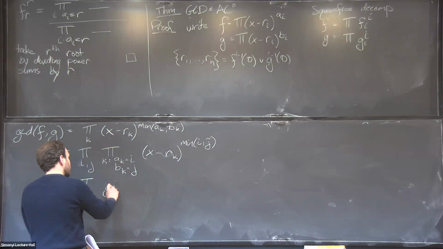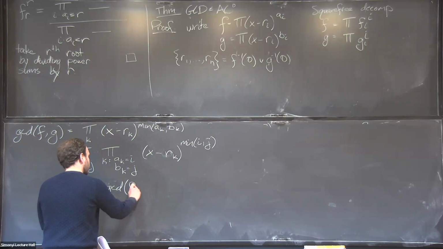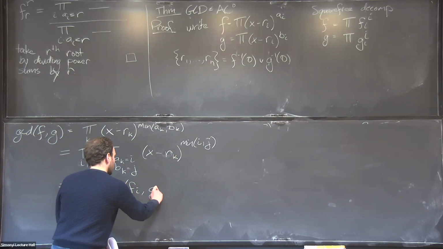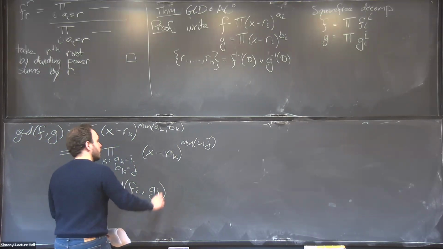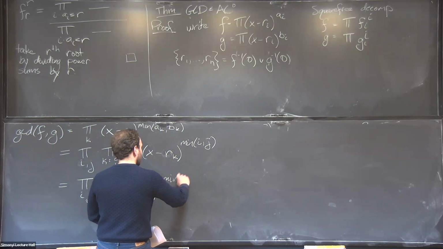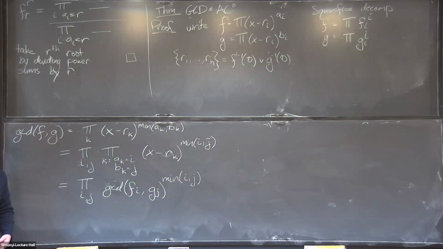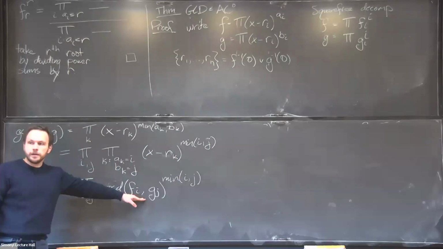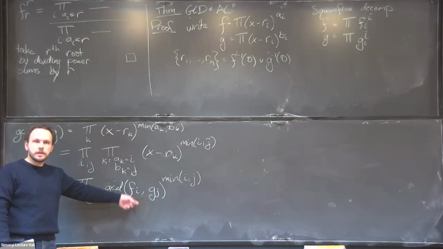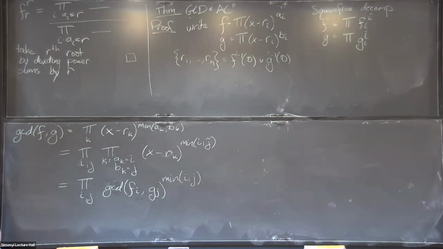Well, this is the GCD of fi and gj, now raised to the power of min(i,j). So fi and gj, these are square free. So I can compute this GCD. We saw how to do this earlier. So now you just write down this product. And this gives you the GCD with any multiplicities on the roots of f and g.